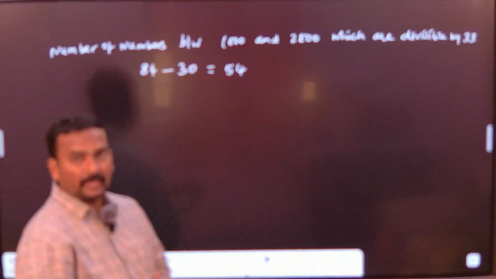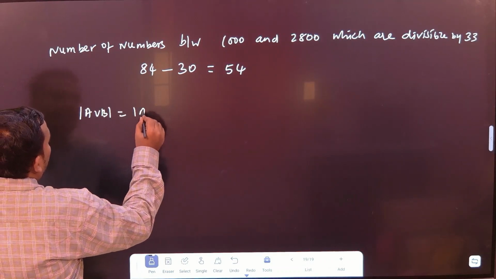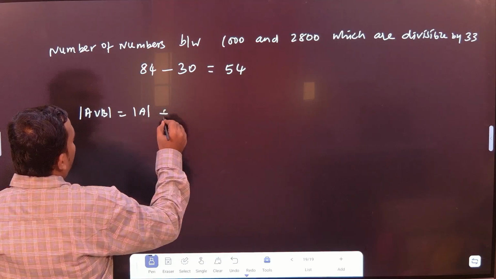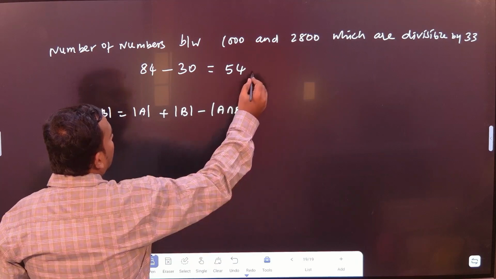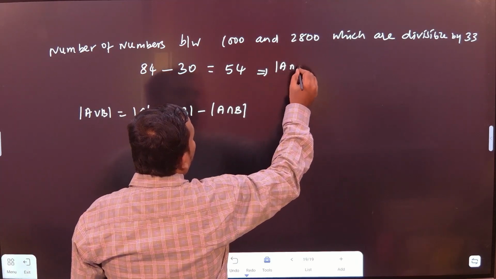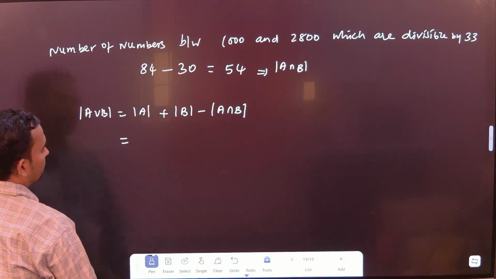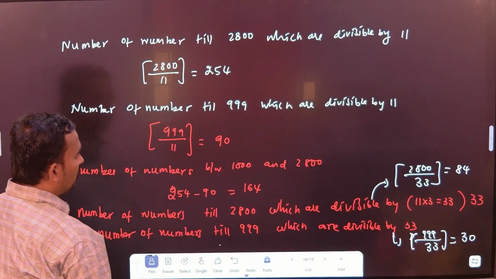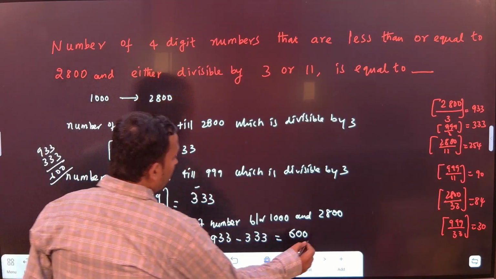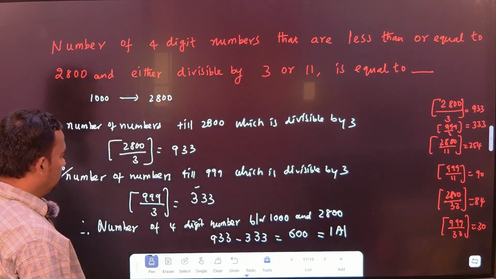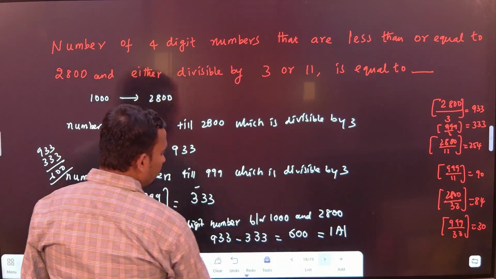But actually what is required is A union B. What is that? Cardinality of A plus cardinality of B minus cardinality of A intersection B. Cardinality of A is the number of 4 digit numbers between 1000 and 2800 divisible by 3, that is 600.